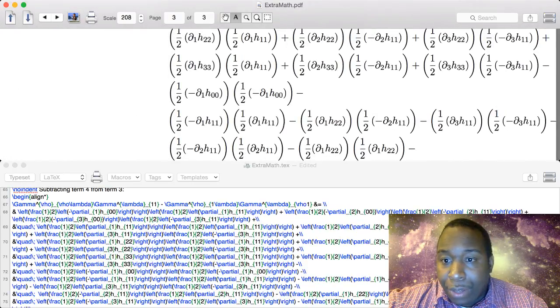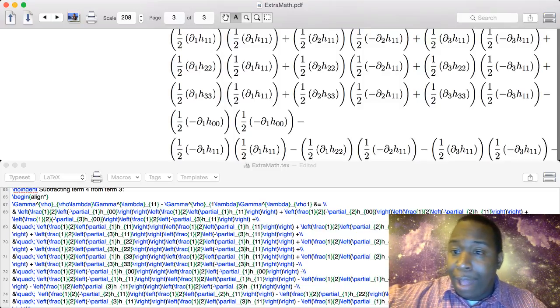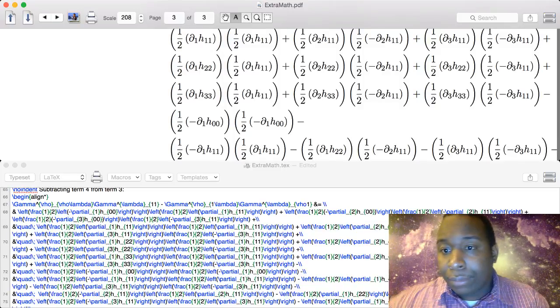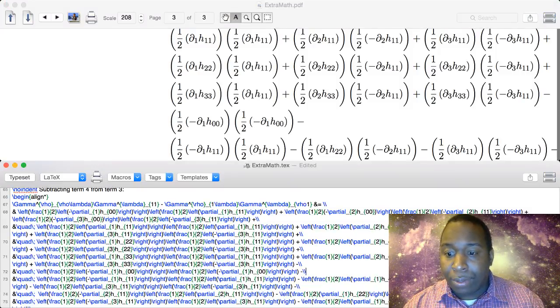In the uppercase, it is negative. So that term cancels out. So I can just erase that, or those two terms.